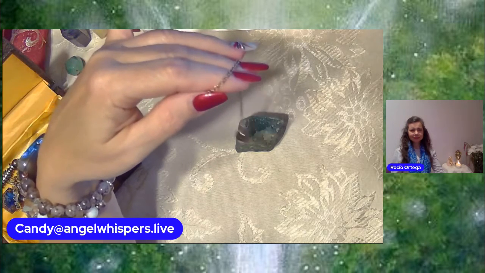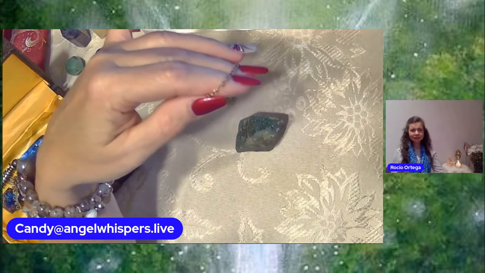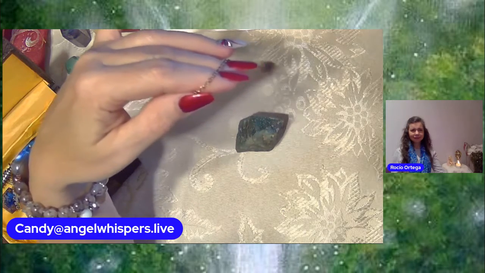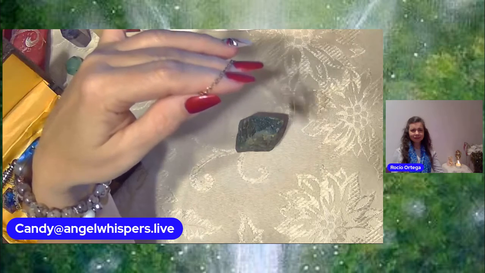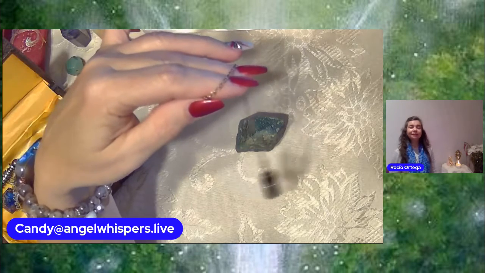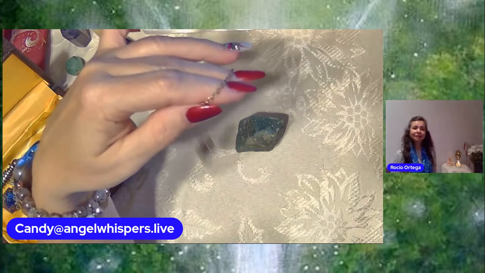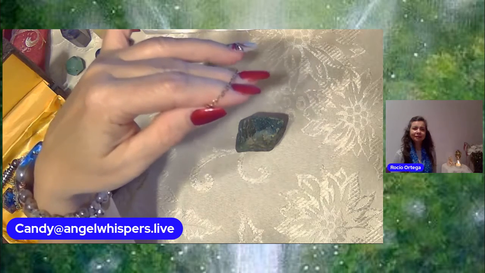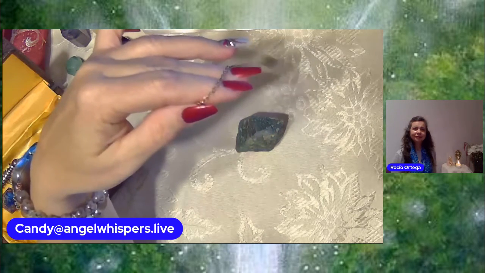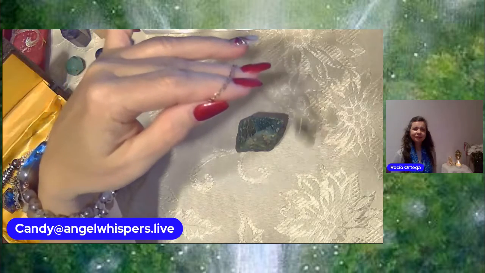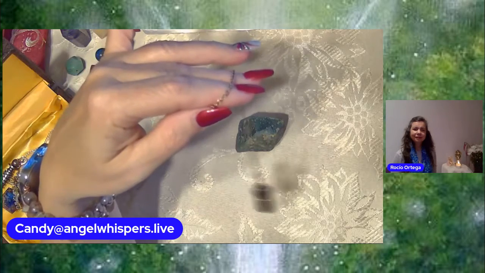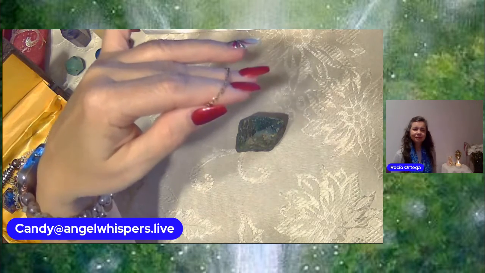It all needs to be removed. Removing all negative energies from this crystal and replacing those energies with positive energies of love, encouragement, joy, happiness. So replacing the energies to be positive, taking out any negative energies and replacing it to become positive.